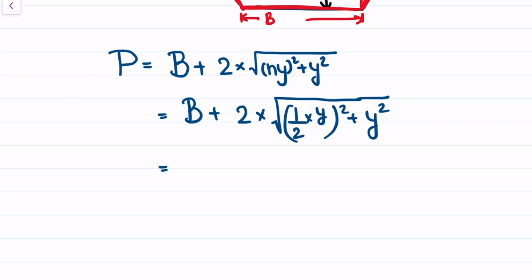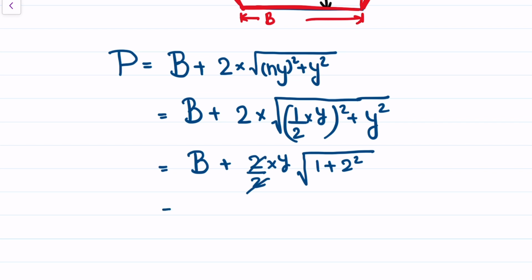I'm just deducing this expression in case students get confused about how this value came. It will be 2 by 2 into y under root of 1 plus 2 square, so b plus under root of 5 into y.